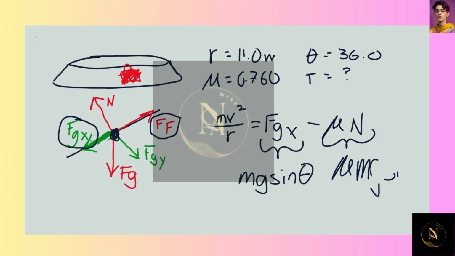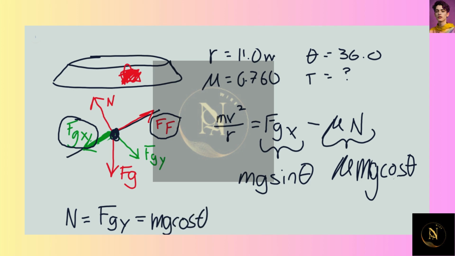Let me change that to cos theta. And that is due to the fact that the normal force opposes the y component of our gravitational force, and that y component is equal to mg cos theta. And that's how we end up with this equation.